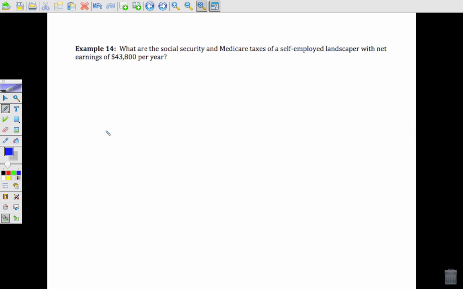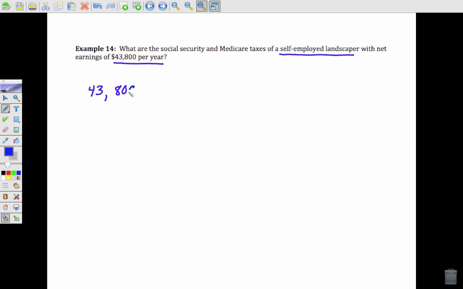All right, looking now on to example number 14. What are the Social Security and Medicare taxes of a self-employed landscaper with net earnings of $43,800 per year? So this landscaper has to pay taxes for himself, being the employee and employer at the same time.